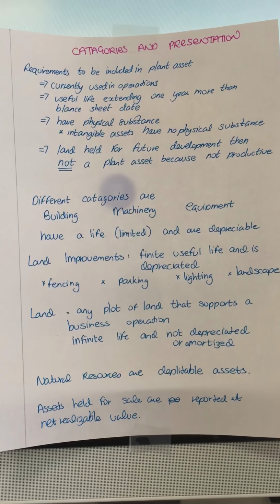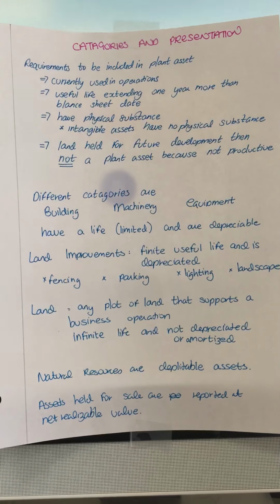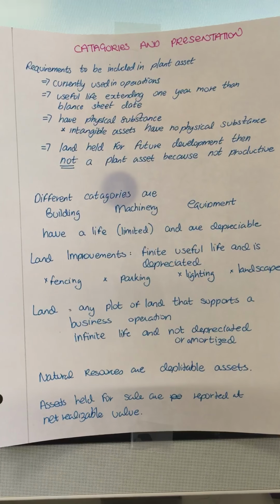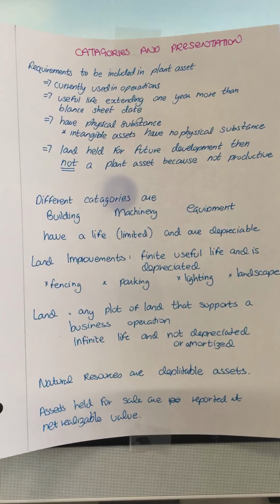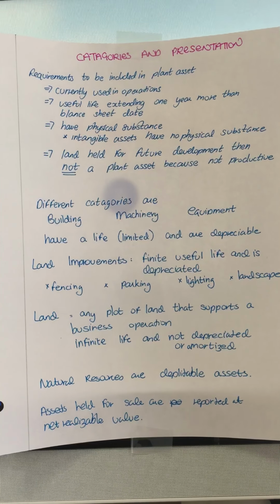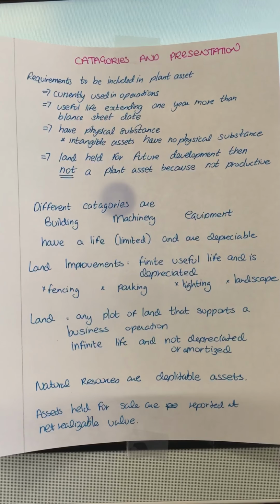Land improvements have a finite useful life and are depreciated, which means that they have, once again, a limited useful life and are depreciated. This is the fencing around the land, this is the parking lot, this is the lighting, and this is landscaping.